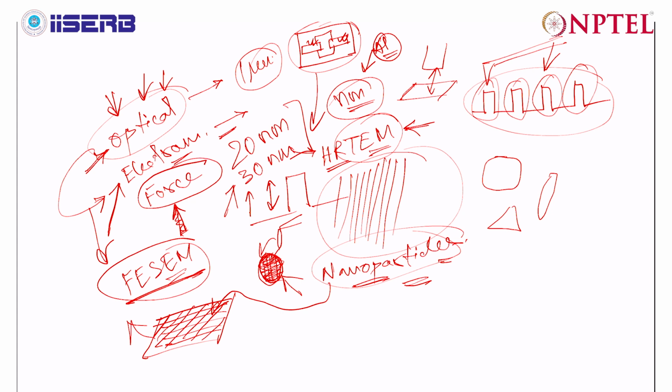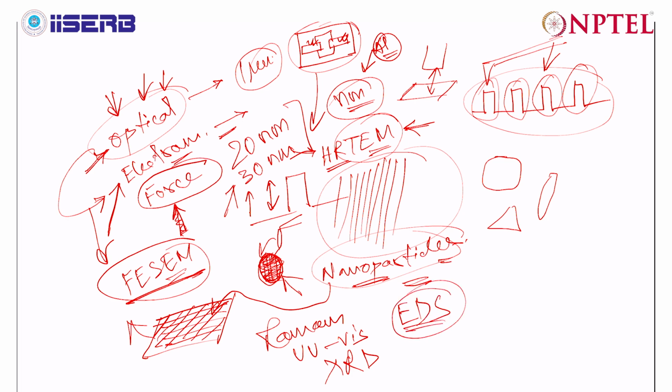So I already have mentioned what are some techniques by which you can actually do material characterization. So you can go to Raman spectroscopy. There are UV visible spectroscopy, then XRD is there. Then you can do EDS also. EDS is a system which is usually connected to FESEM itself.